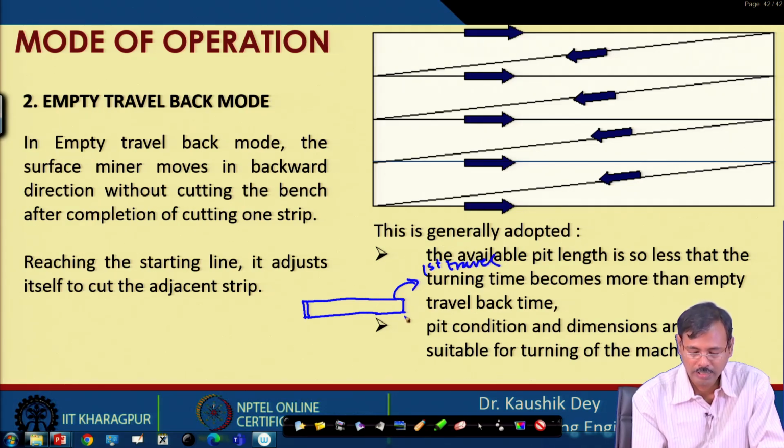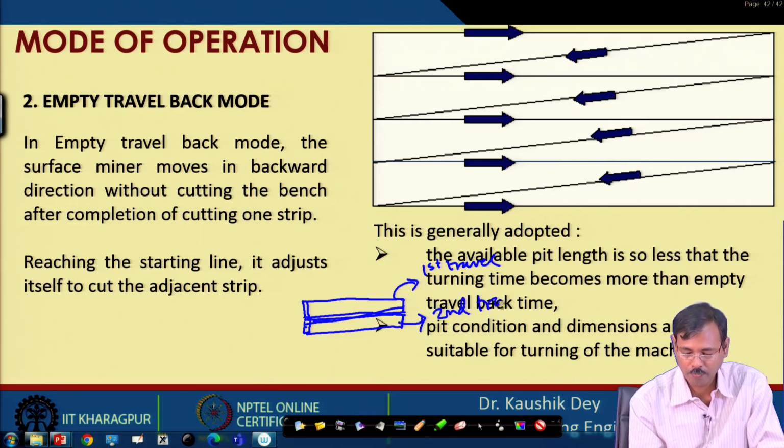and then the surface miner is allowed to return back and take the second position at this, and it cuts this, the second travel.